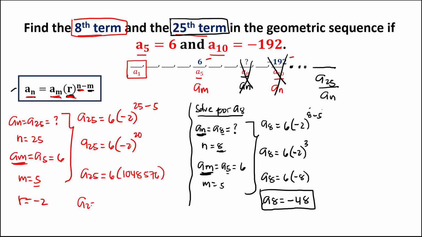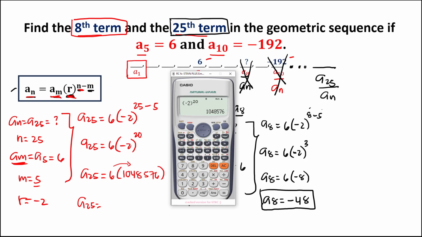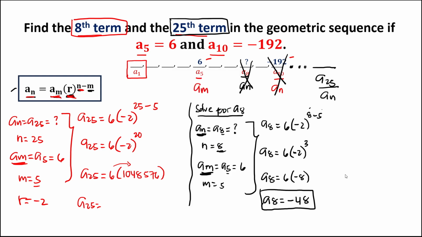So we have now a sub 25 equals 1,048,576 times 6. So that's 6,291,456. So this is now the value for the 25th term.